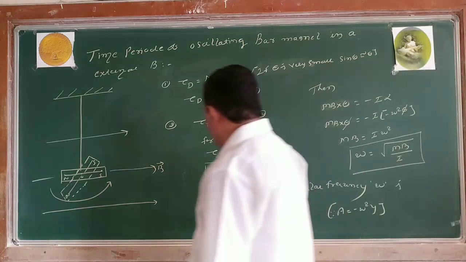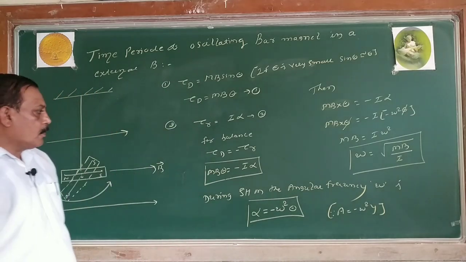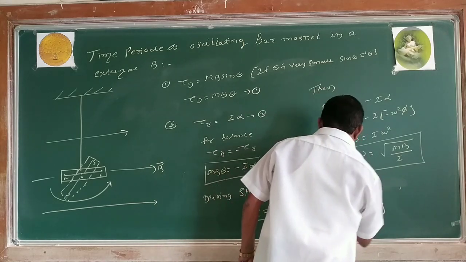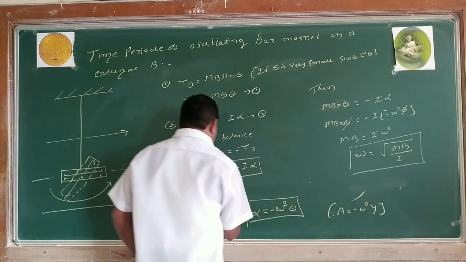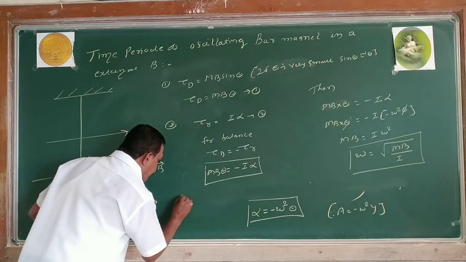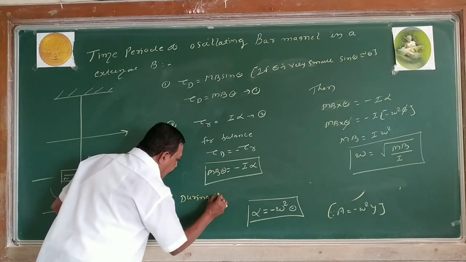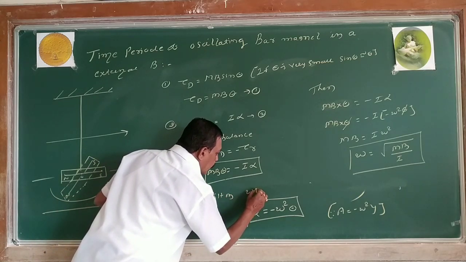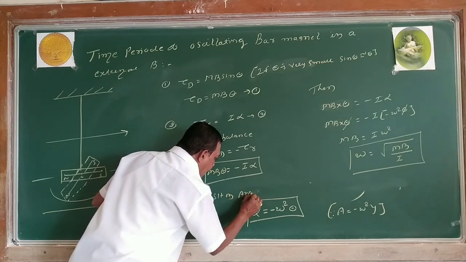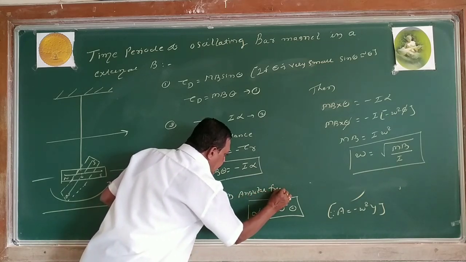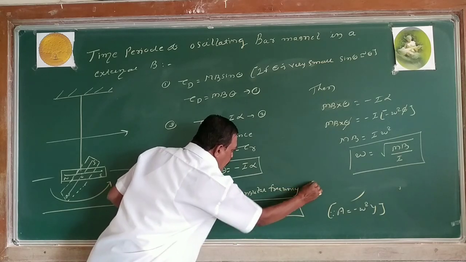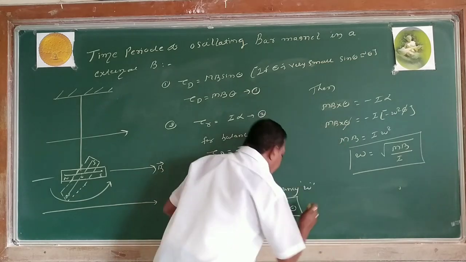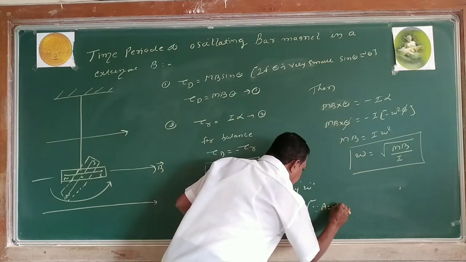Have one look at the whole equation. During SHM, omega, the angular frequency, because A equals minus omega square y.